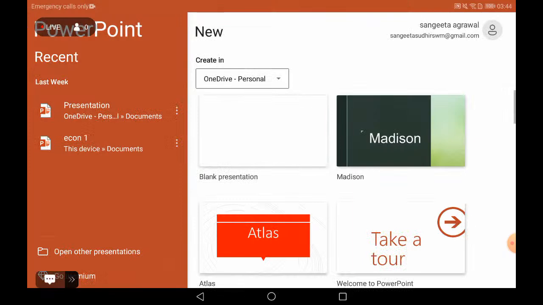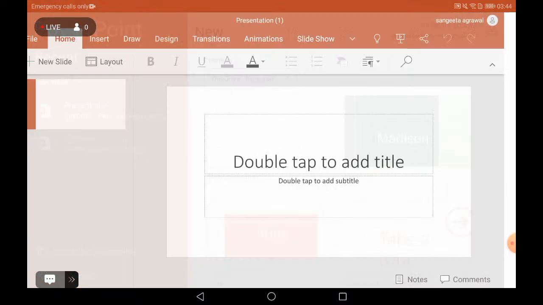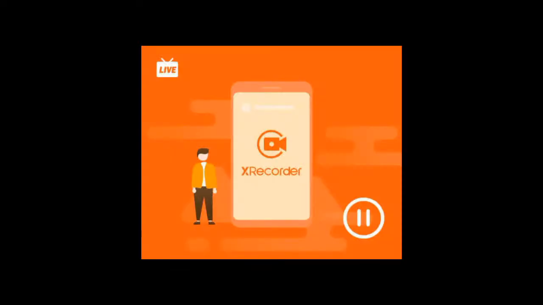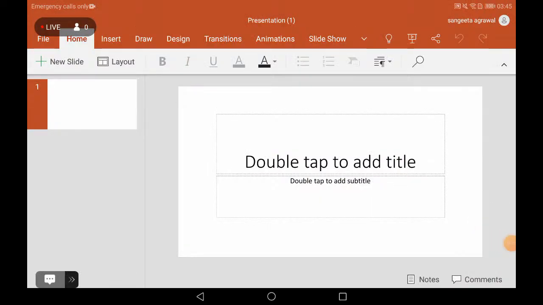Since the Forest Service exams also have the same prelims as the civil services examination, environment is a very important chapter, right? Very important subject. So, let us begin.